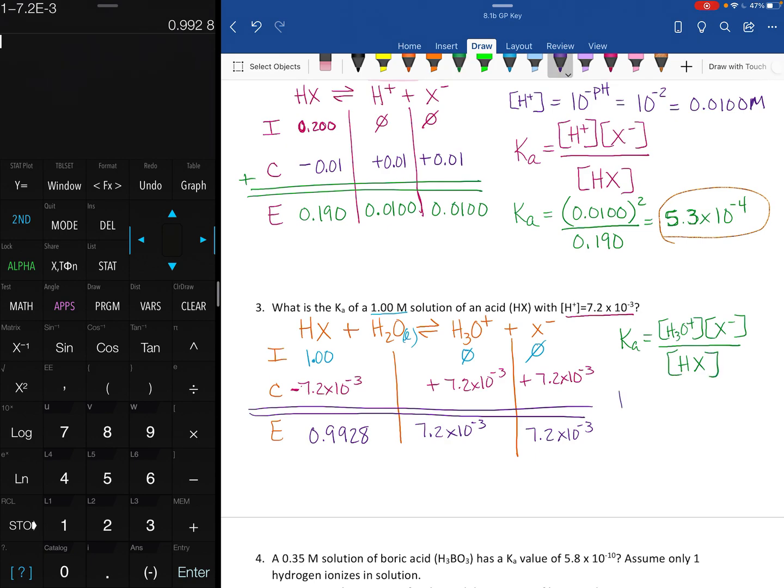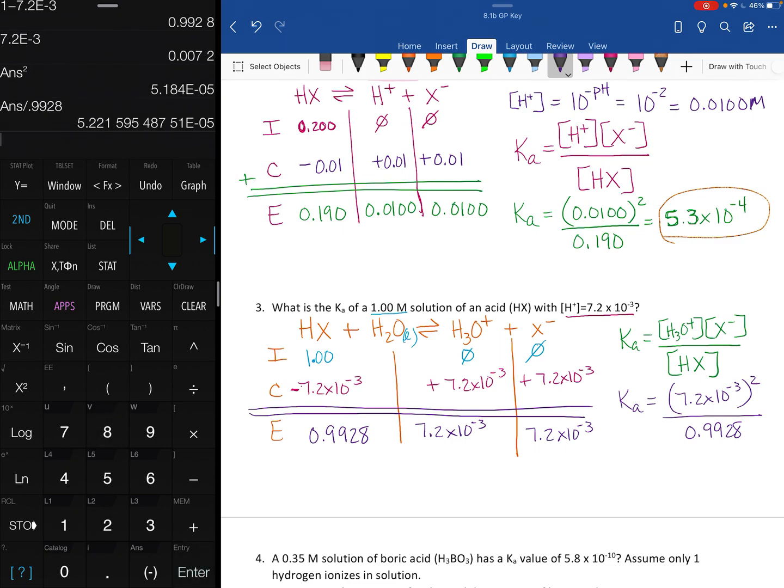Okay, let's plug in those values that we got. So 7.2 times 10 to the negative third, I'm going to square that number, and then divide it by 0.9928. Okay, and I ended up getting 5.2.